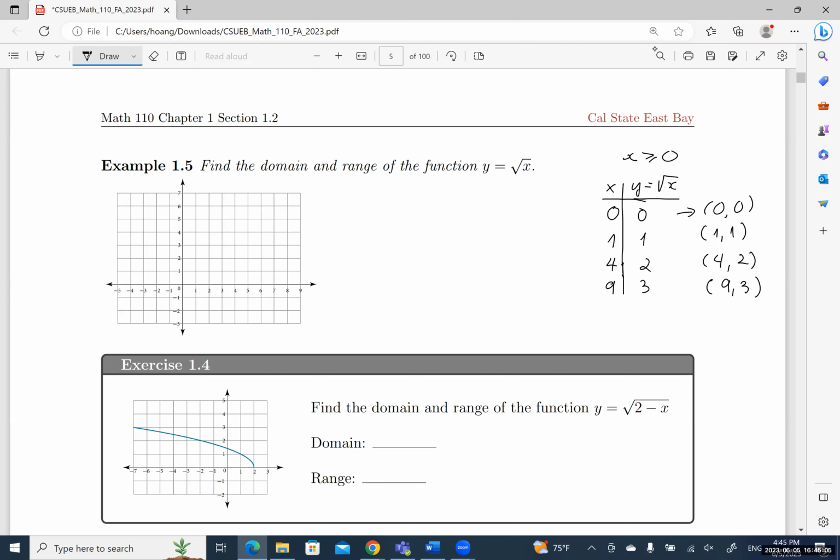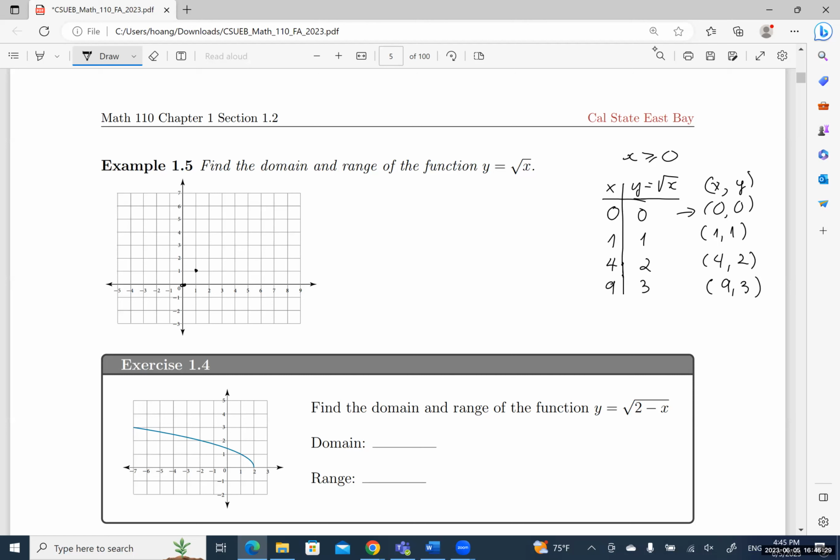All right. So you will have to plot these coordinate points, right? I know that's 0, 0 when we start from here. Then 1, okay, so that means the x value is 1, the y value is 1 also. One more point here.